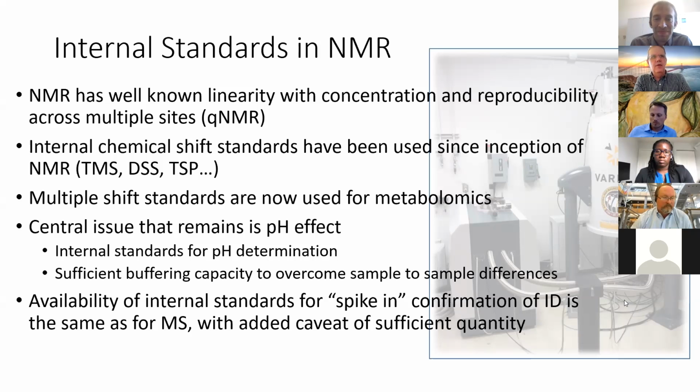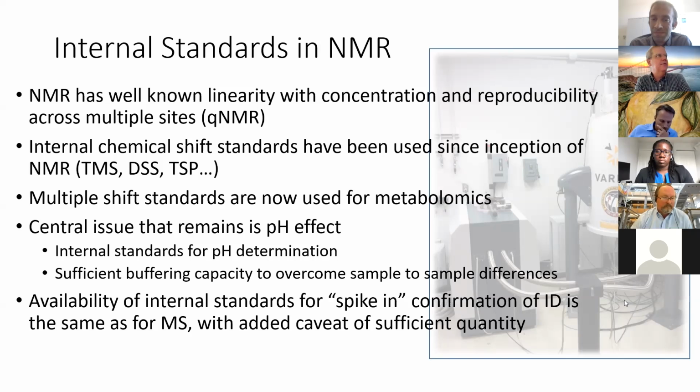So one of the central issues that remains for us is pH effects. And so that's going to come into play most commonly in trying to do metabolomics in urine because if you're going to do it from serum plasma or something like that, normally you're going to do an extraction to get rid of proteins and stuff like that.